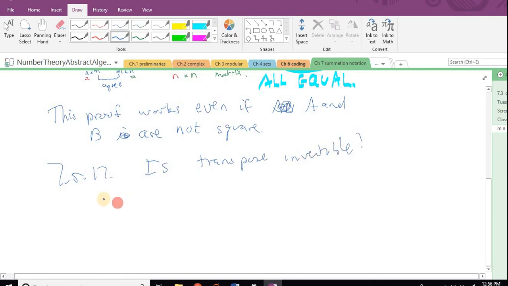Now suppose we do an example. Of course an example is not a proof, but an example is how you figure out how to prove things. So let's just do some matrix here, 1, 2, 3, 4, 5, 6.